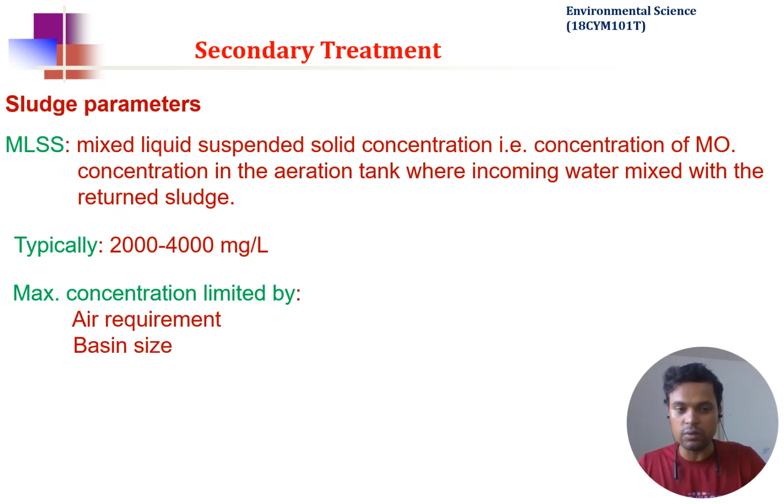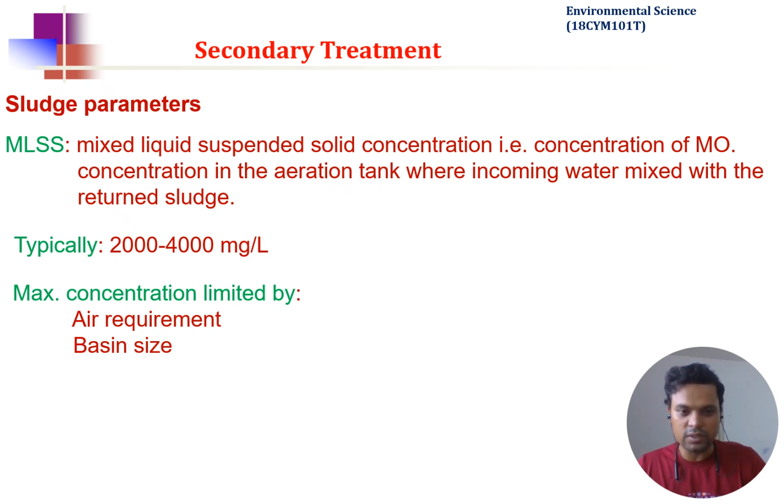This is a huge range, and it depends on the amount of waste material, the organic material, present in your wastewater. If it is less, you can go down to 2000. If it is very high, you can go up to 4000 milligrams per liter.